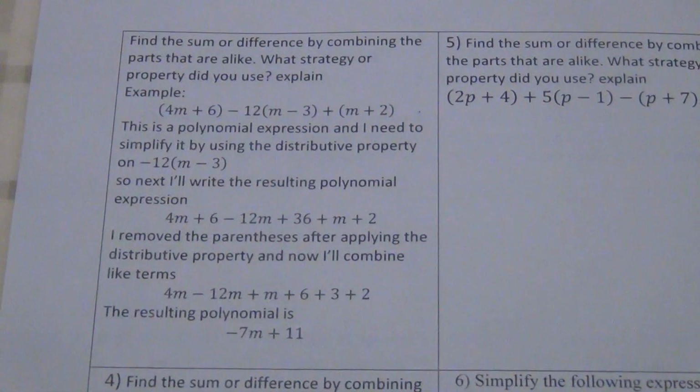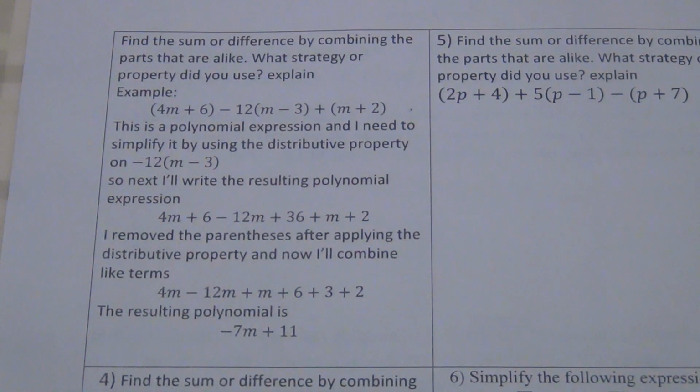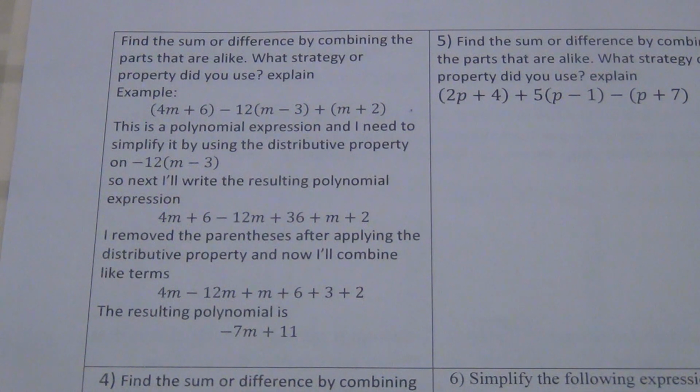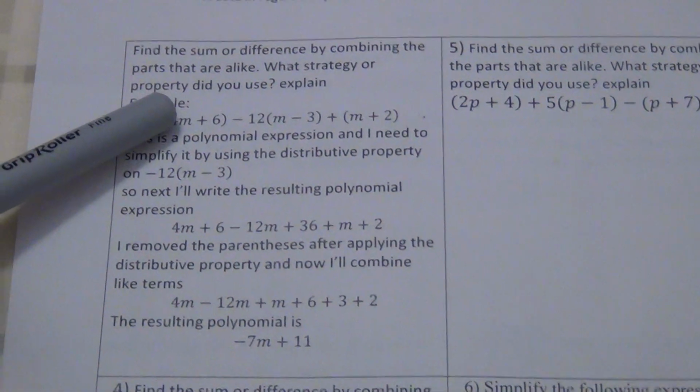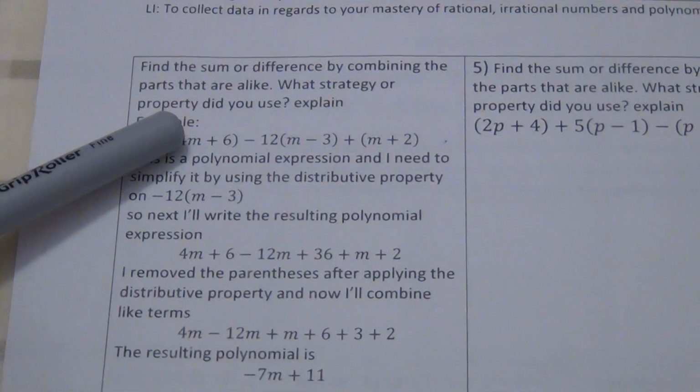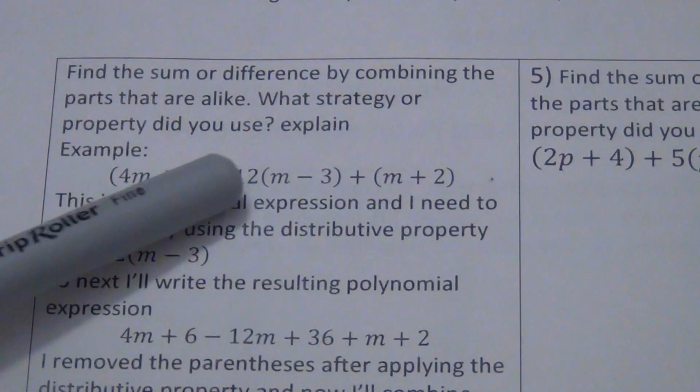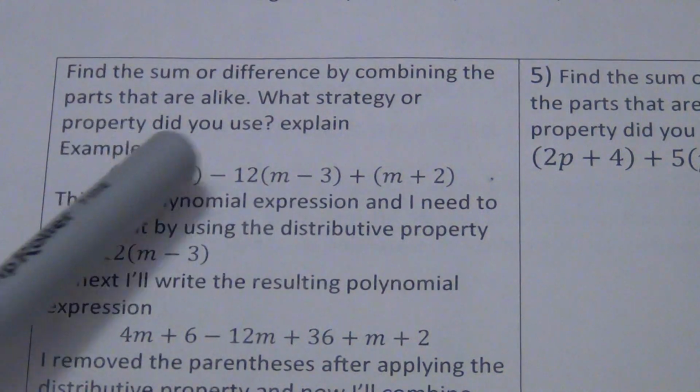Okay, so here we got polynomials. Find the sum or difference by combining parts that are alike. Okay. What strategy or property did you use?